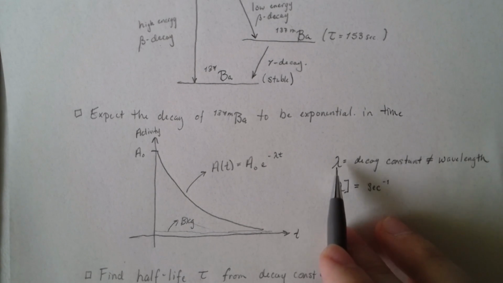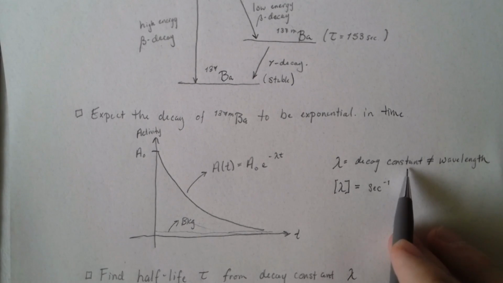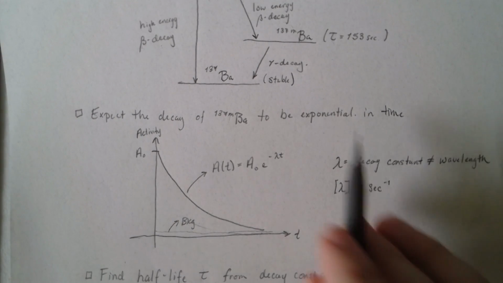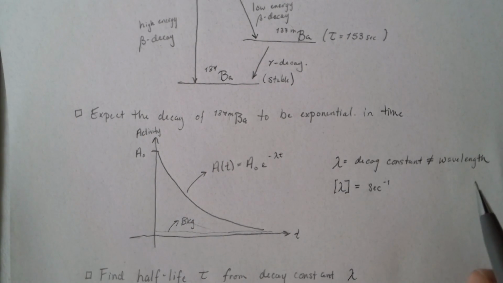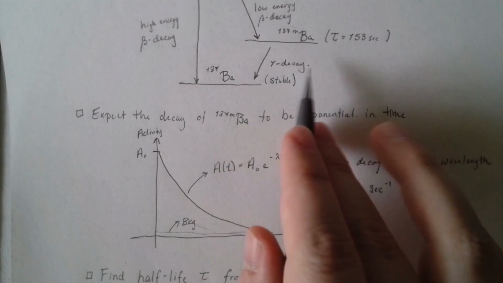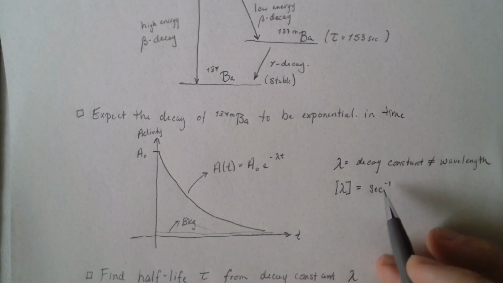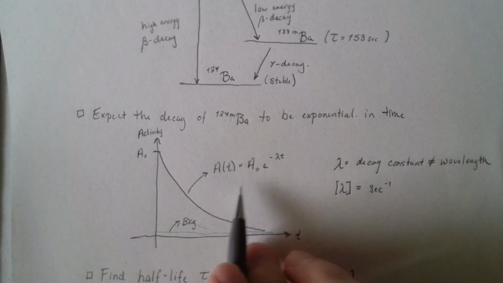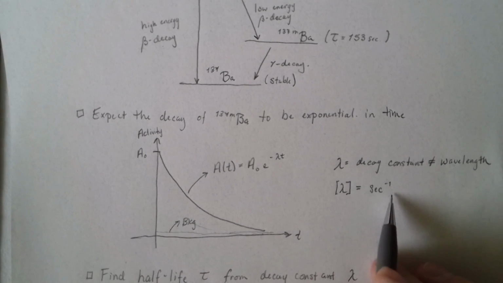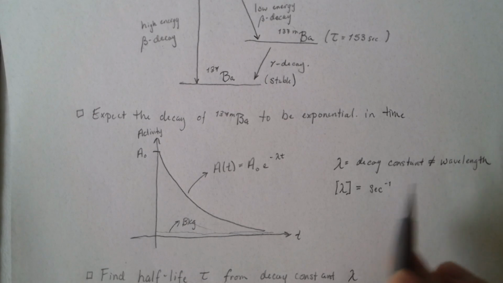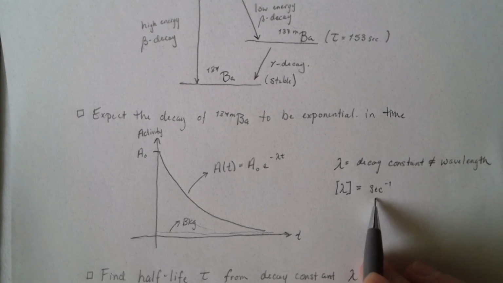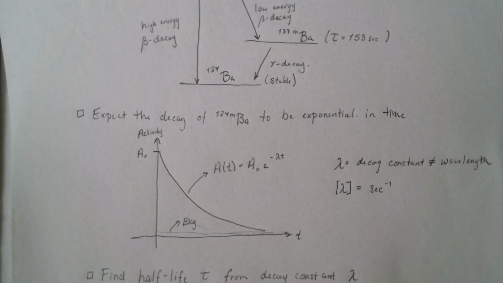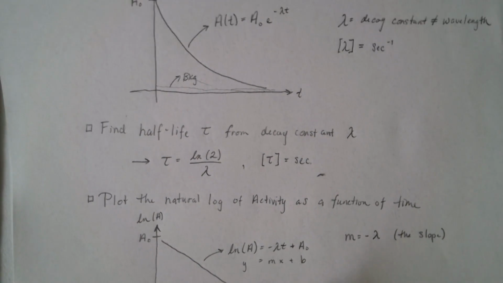Just note that in this particular case, when we're talking about lambda here, it's the decay constant and not some wavelength, particularly since we're talking about a gamma ray, a photon, that would have a wavelength associated with it. That's not what we're talking about in this particular graph here. Just to note here, the units for the decay constant are inverse seconds. Alright, so definitely not a wavelength.